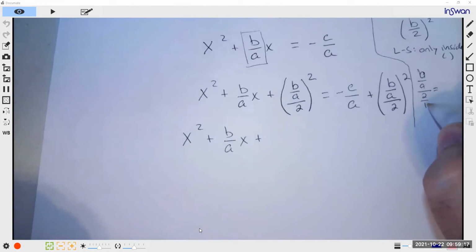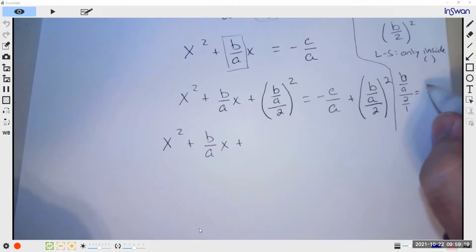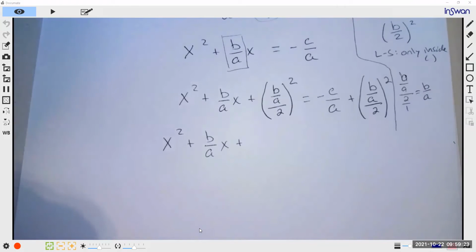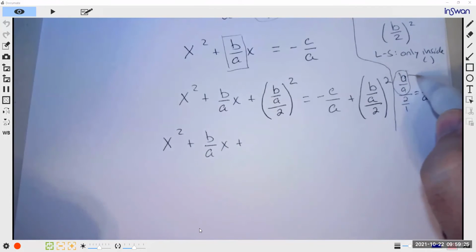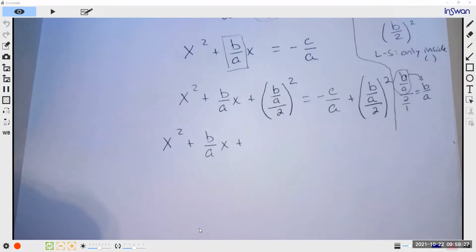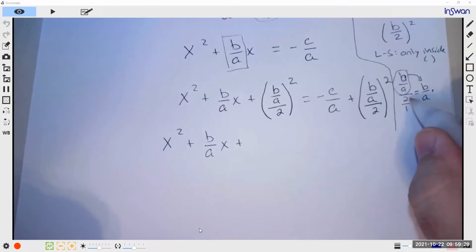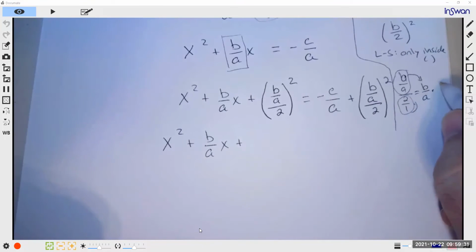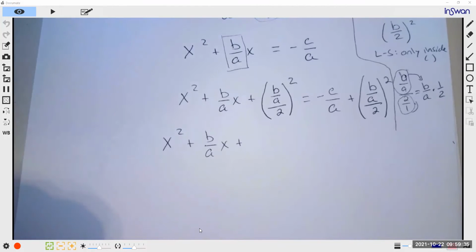Whenever you have a fraction over a fraction, take the top fraction, leave it alone, and multiply by the flip of the bottom. So if it's 2 over 1, I multiply by 1 over 2. If it's 3 over 5, multiply by 5 over 3.